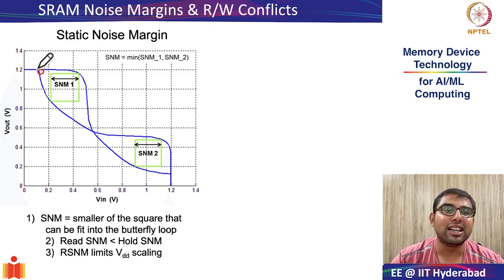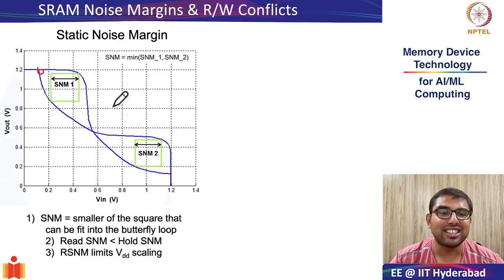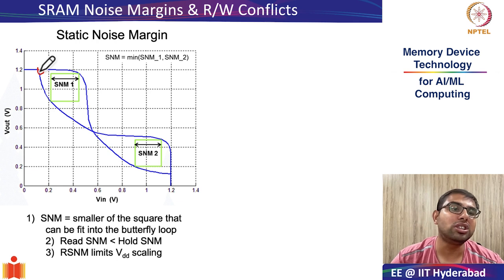As you can see, I have presented in this graph the read butterfly loops, and that has shrunk, because the voltage of the internal nodes does not read exactly 0.